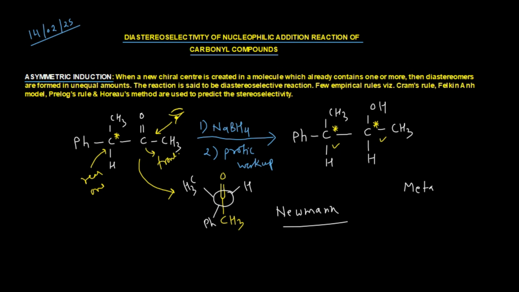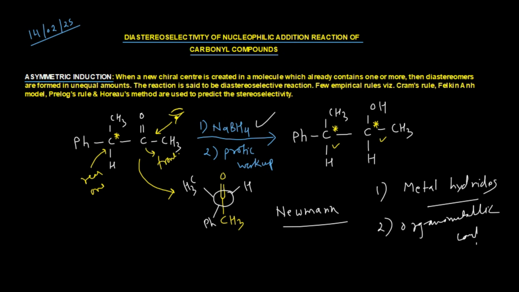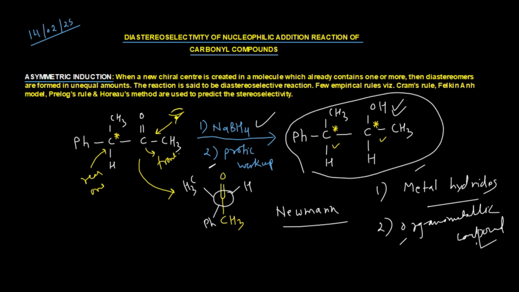Either you can use the metal hydrides, which I have used here, or you can take any organometallic compound like a Grignard reagent. So the organometallic compound and the metal hydride will give you the nucleophile. This is very, very important. In the second step, you do the protic workup and your end product would be the alcohol. Please keep in mind that the end product would be the alcohol whenever we do these kinds of reactions. This is very helpful, okay.